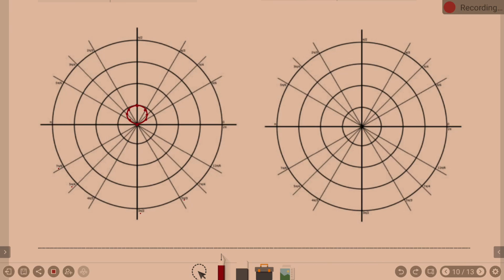Okay, so something you could have done, this was 0, pi over 6, pi over 4, pi over 3, pi over 2, 2 pi over 3, 3 pi over 4, 5 pi over 6, and pi, 7 pi over 6, 5 pi over 4, 4 pi over 3, 3 pi over 2, 5 pi over 3, 7 pi over 4, and 11 pi over 6.